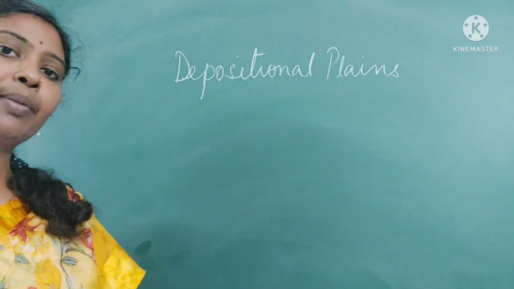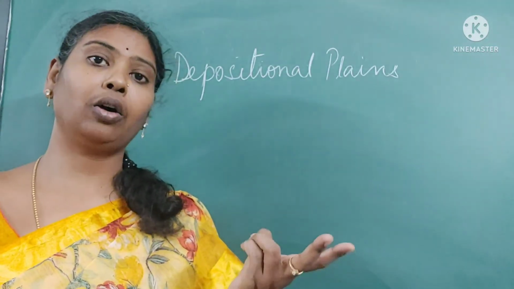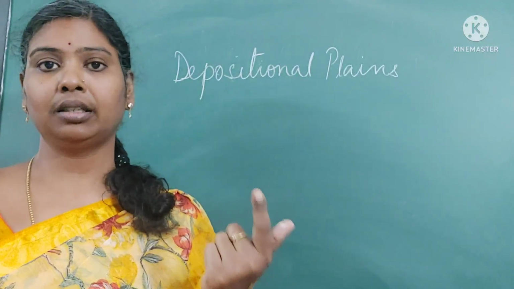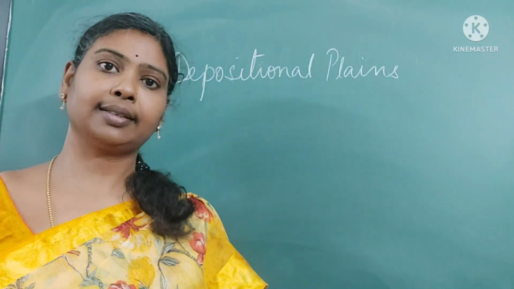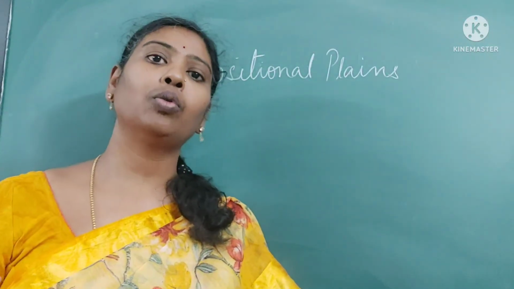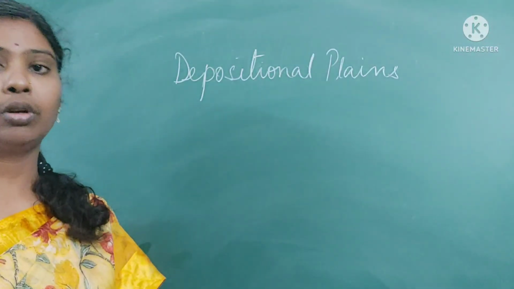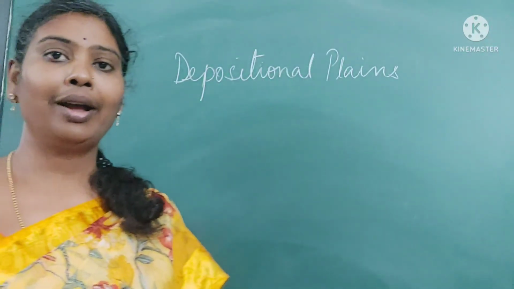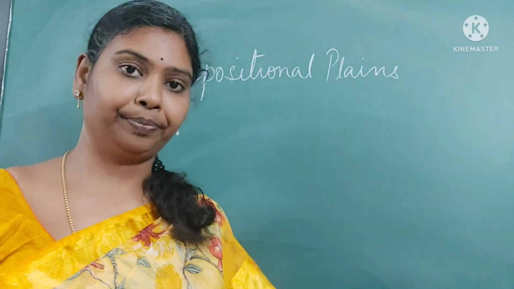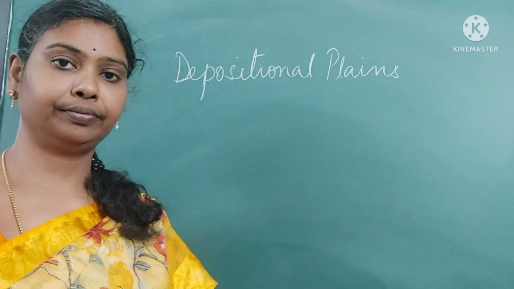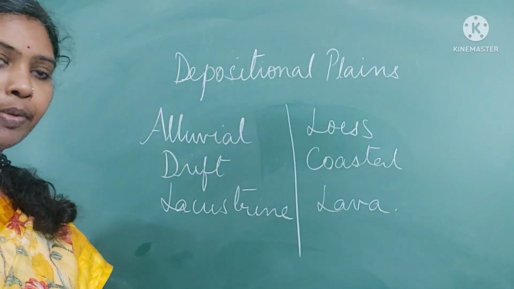Generally this depositional work is done with the help of rivers, wind, sea or glaciers. This is how they are filled and that forms a plain. So this is how depositional plains are formed. These are the different types of depositional plains.